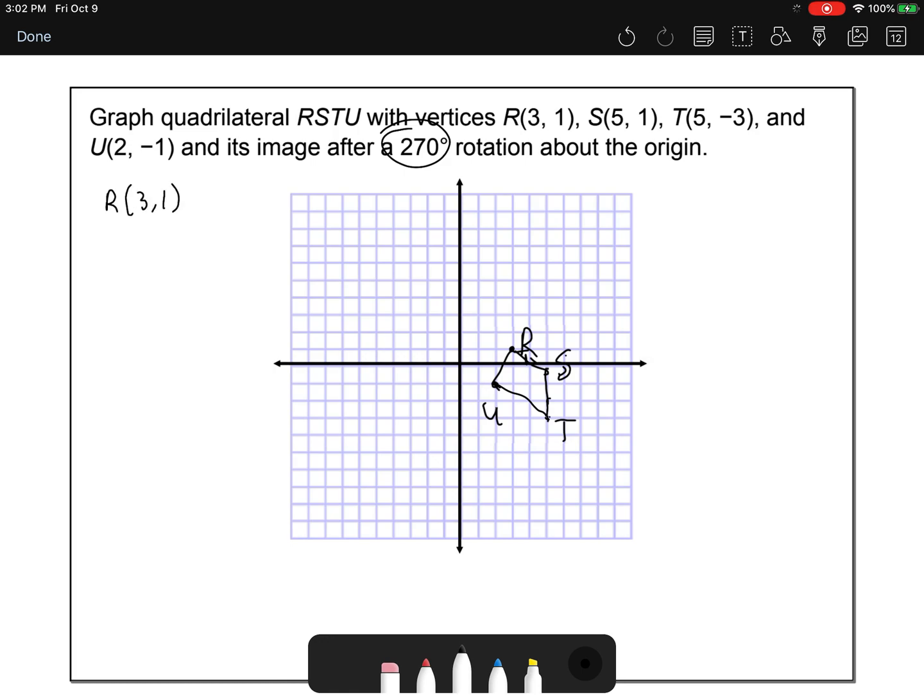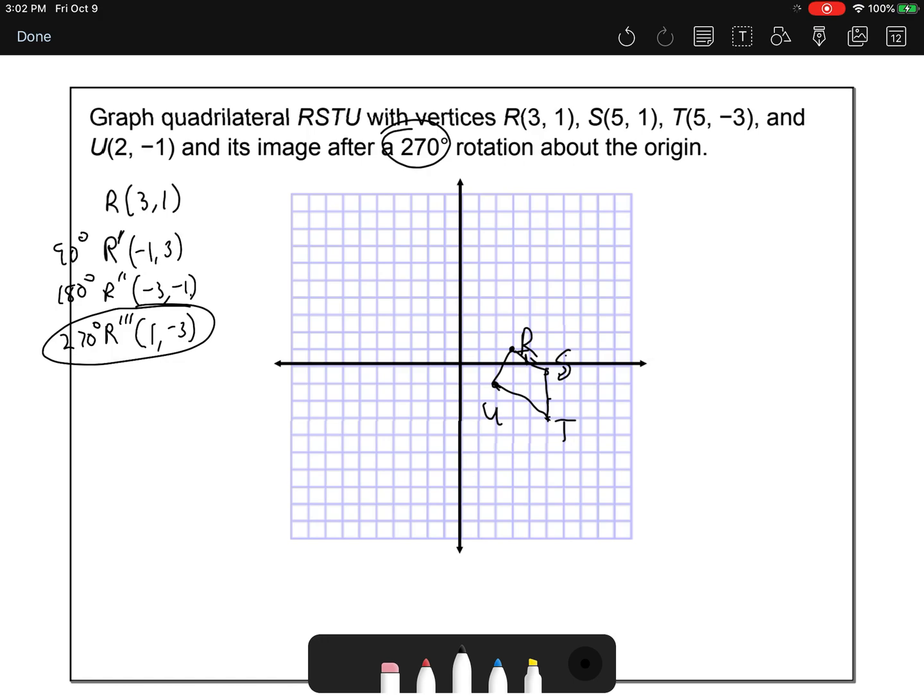So I'm going to start with R, 3, 1. The first rotation is 90 degrees. That's going to be -1, 3. R double prime, so that's 180, would be -3, -1. Flip the X and Y and negate the first. Change the sign to a negative. When I re-flip it again, that -1 becomes +1.